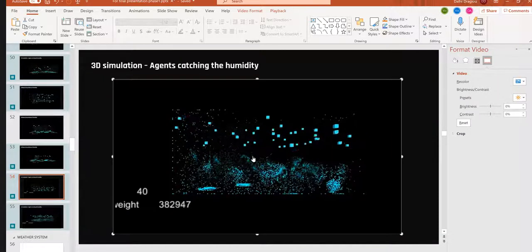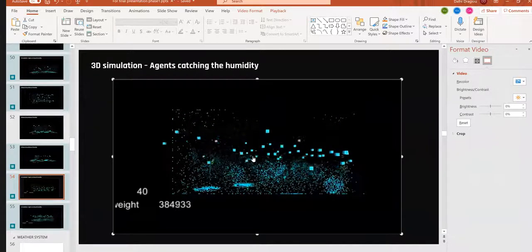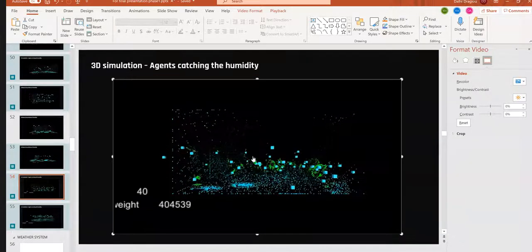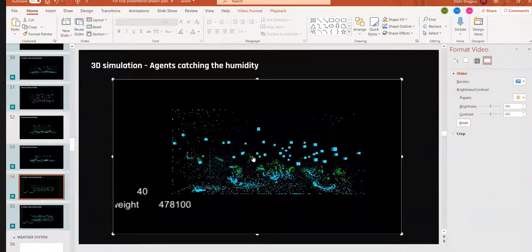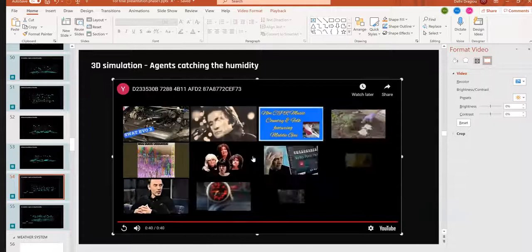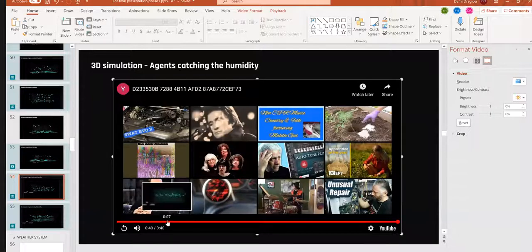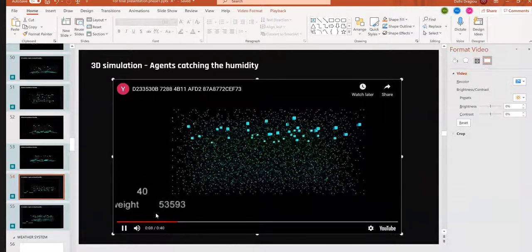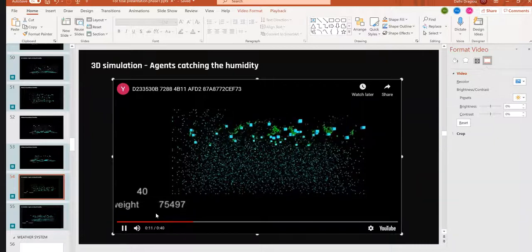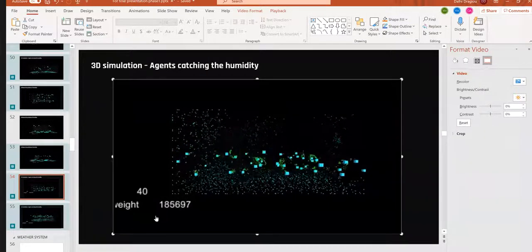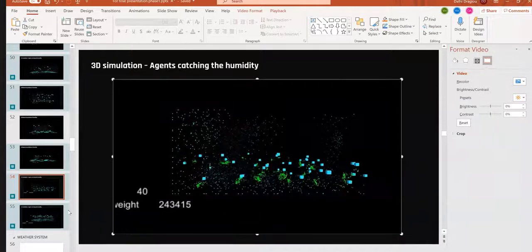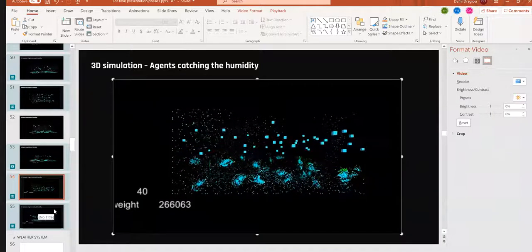I agree. The question is, once they release it, do they go up again? Okay. Well, that's what happens here. But it makes sense, no? They release the water, they get lighter, and they go up again. Otherwise, if they release it and they touch the bottom, then something is wrong.